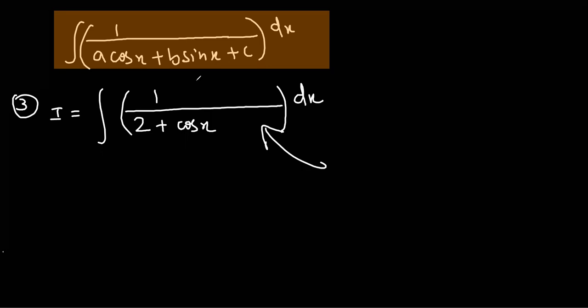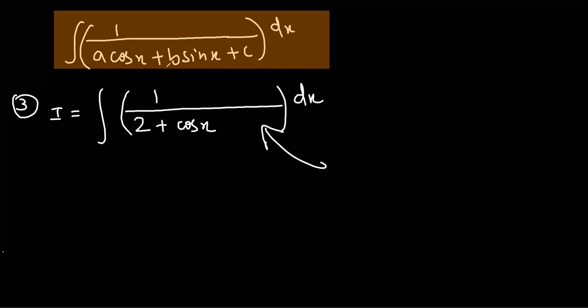The answer is yes. Why? Because here we can say that the number b, which is a real constant, assumes the value 0. So when the value of b is 0, 0 times sin x is 0, and you will not get sin x.